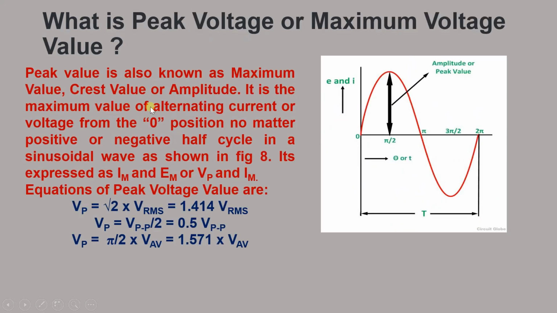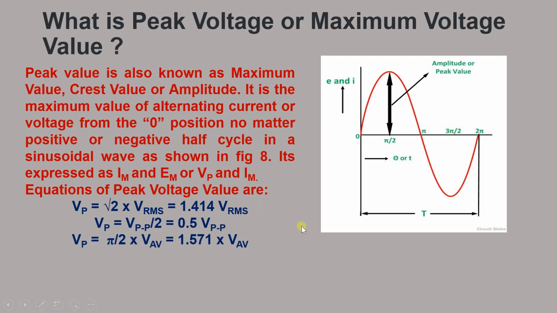Next, what is peak voltage or maximum voltage value? As shown in this figure, this shows the maximum value or the peak value. It is the maximum value in the positive half cycle. When we find the maximum value between 0 to pi, the maximum occurs at pi by 2, and in the negative cycle between pi to 2 pi, the maximum occurs at 3 pi by 2.